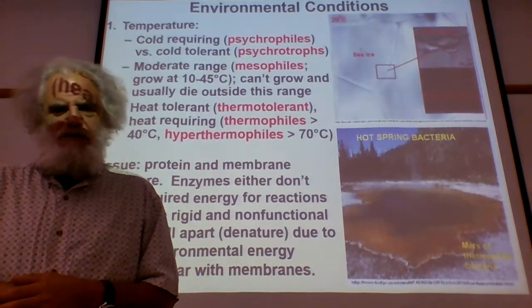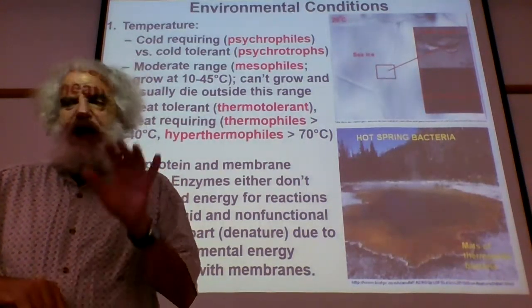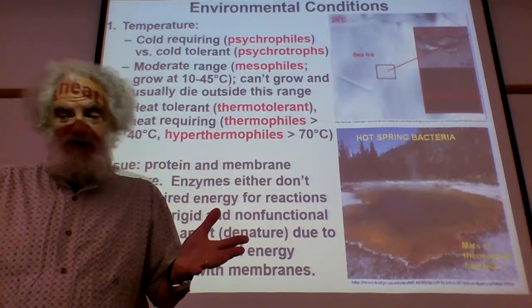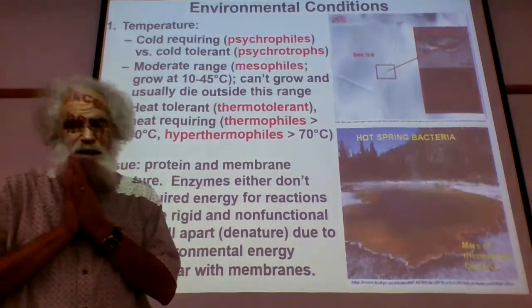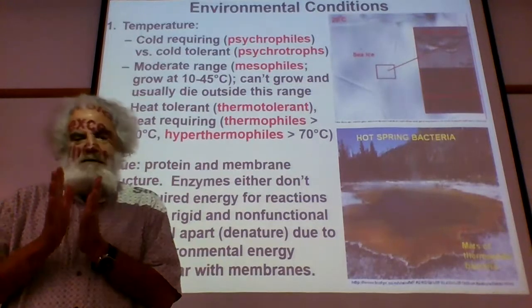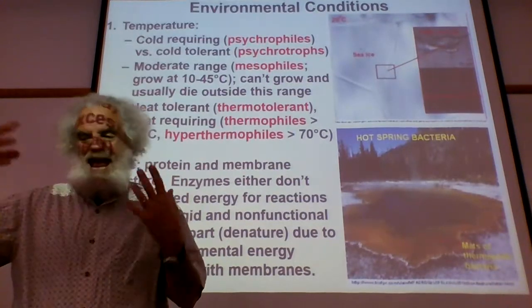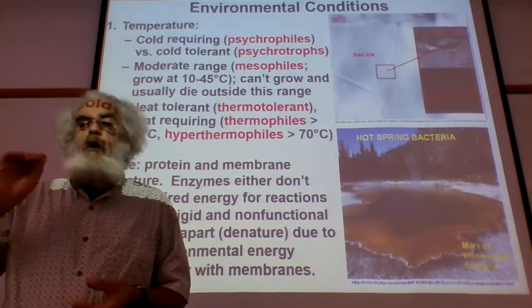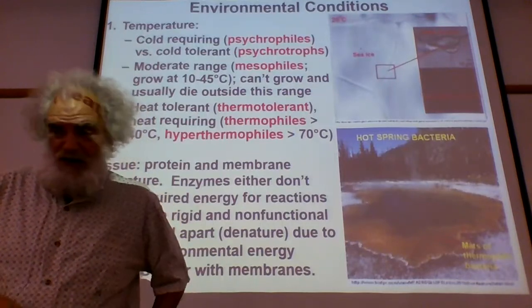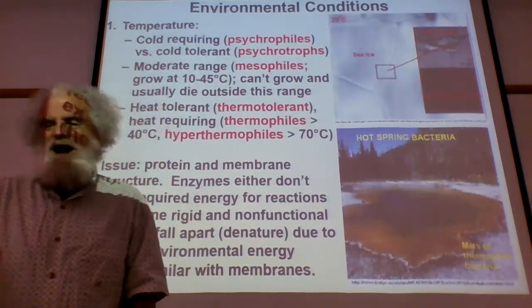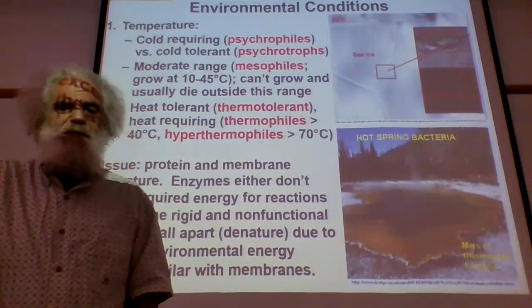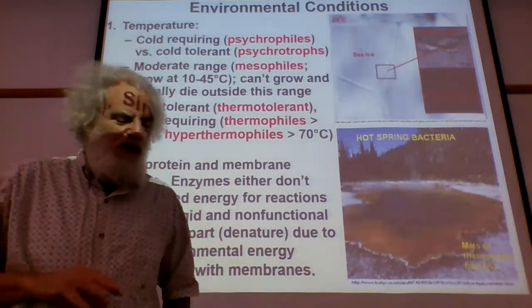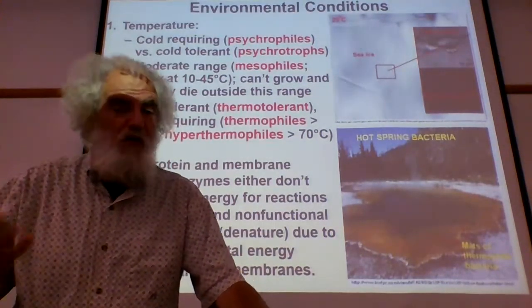So, you might need a little jacket, a light sweater. These are a lot of bacteria that we think about. And then we have heat-tolerant bacteria that are either thermotolerant, they can handle warm heat, or they're heat-requiring. They're thermophiles. And we've got this term, hyperthermophiles, and these are the guys that grow in near boiling water.